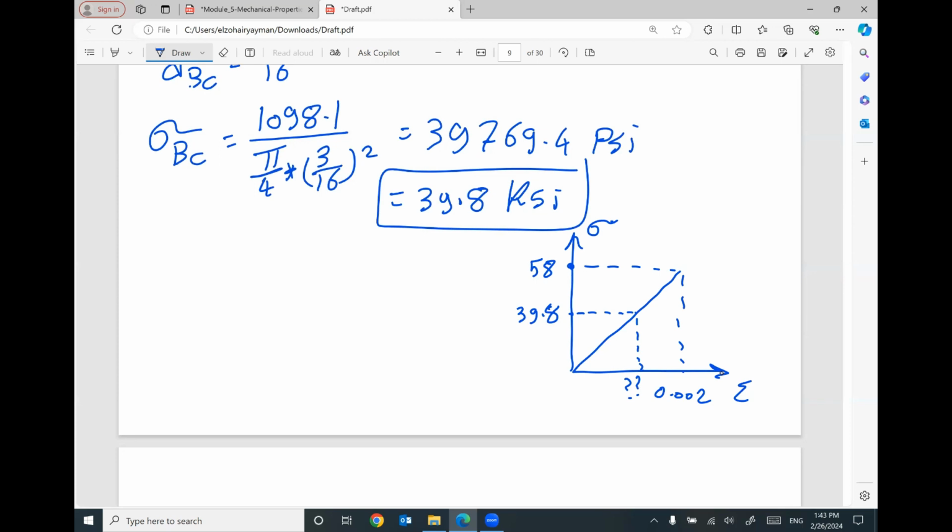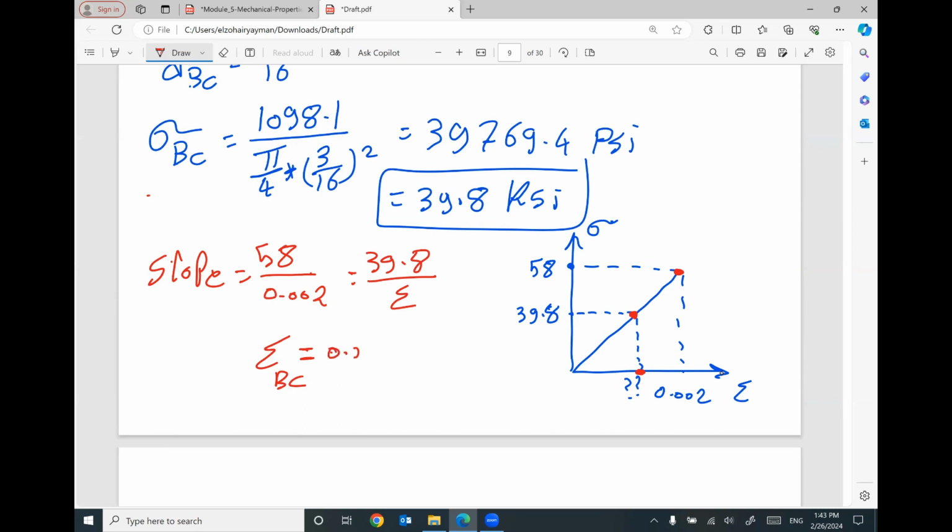It's very easy. The slope of this linear relationship equals 58 divided by 0.002. This slope using this point must be the same slope using this point, which equals 39.8 divided by epsilon, the corresponding strain. I can figure out the corresponding strain in member BC will equal 0.00137.